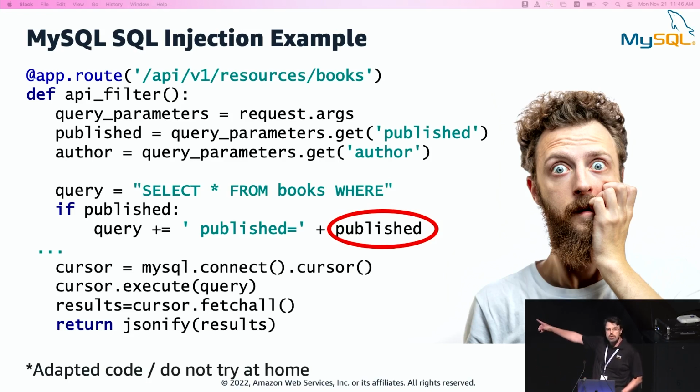This is actually me looking at this example, thinking, how come? This published field is coming directly from the user, and an SQL query is being built by concatenating a string. So this is very bad because anyone can put anything in there.